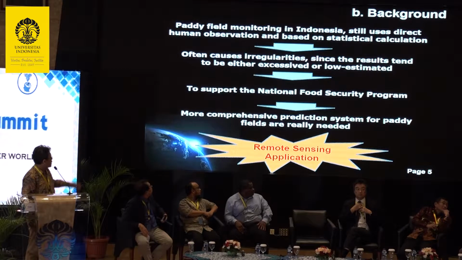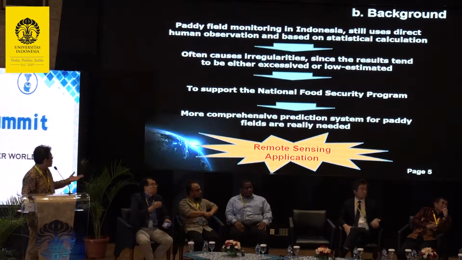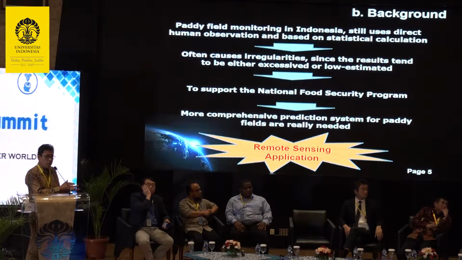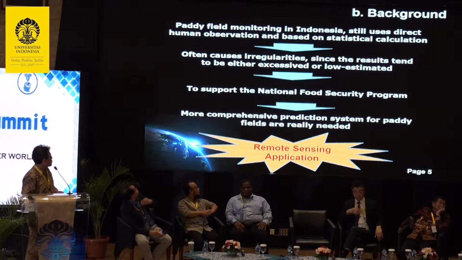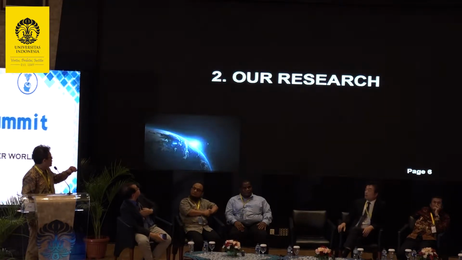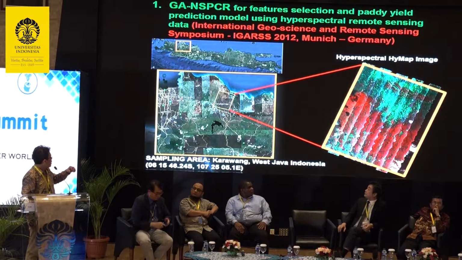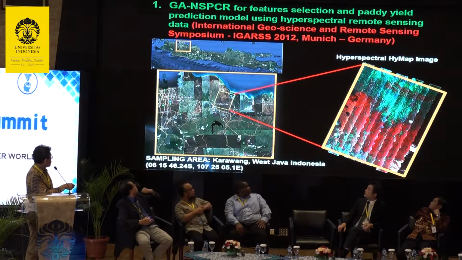This is the problem that I already said, and we have to ensure that we have a national food security program, that is, the economic and political stability of our country.